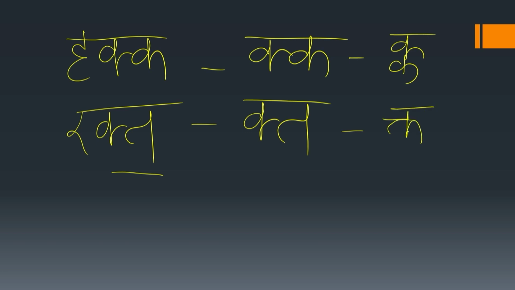You may also find this symbol. You'll find this on the computer. When you type this word Rakta, and if you use a font like Arial Unicode, it will be written as this. So these are the two ways of writing this conjunct.